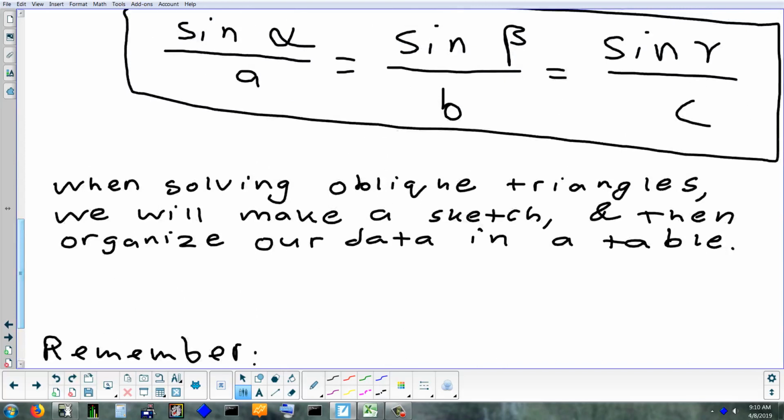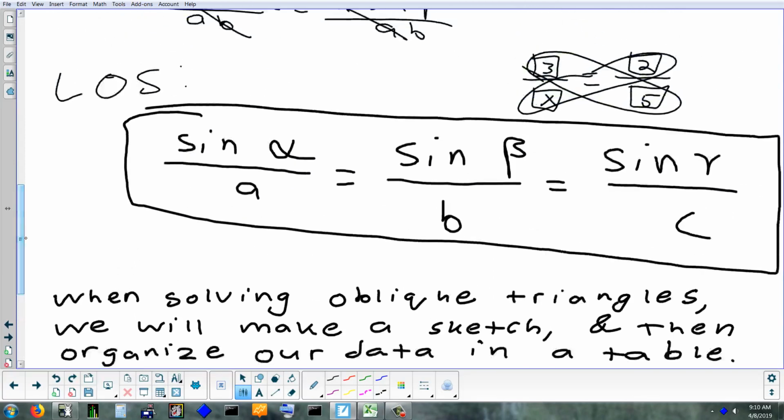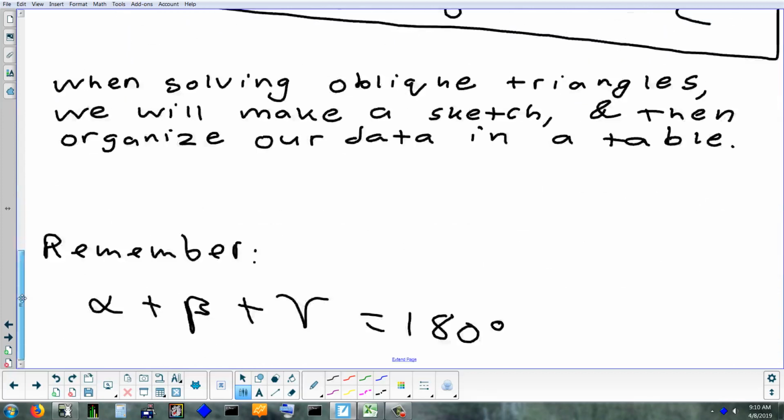In fact, most of the time you won't. You also can't use SOHCAHTOA, because that means you have a hypotenuse. We're not going to have a hypotenuse in most problems. So the only thing you can use is the new formula we came up with. You can still use the fact that all the angles in a triangle add up to 180. That doesn't change. So you can definitely still use that.